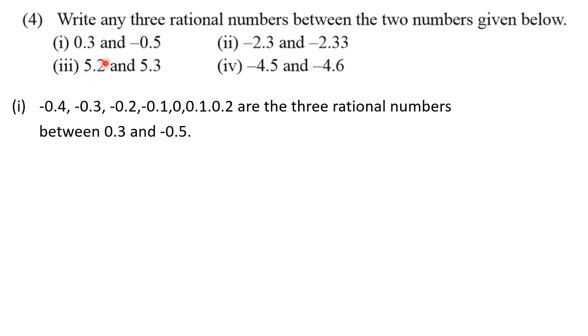Actually there are innumerable numbers in between these 2 numbers, but we have to write only 3. So out of these 6 you can write any 3. For example, minus 0.4, minus 0.1 and 0 are 3 rational numbers between 0.3 and minus 0.5. Okay. So you can write all 6, or you can write down any 3. Now let us move towards the second one.